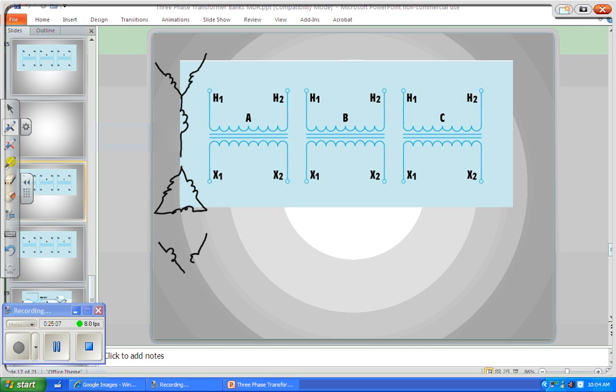What was our resistance? 10 ohms. And we have 575 as our primary, and our phase voltage was what? 332, I can go with that. 332 volts.